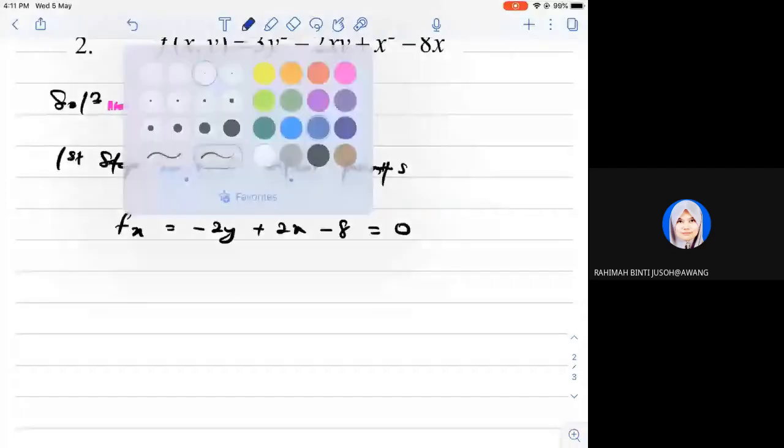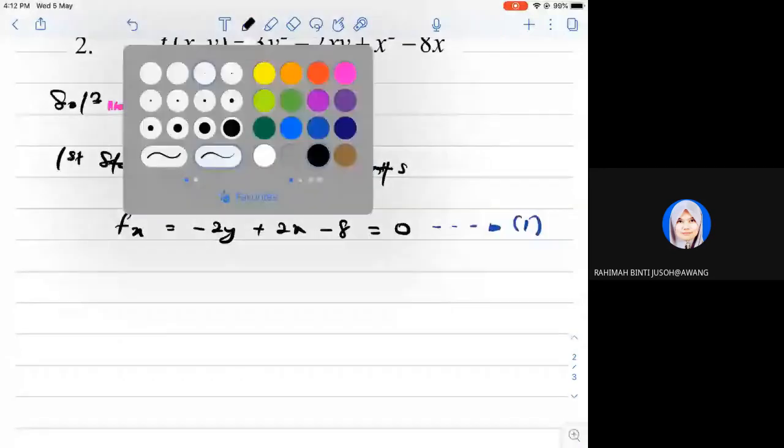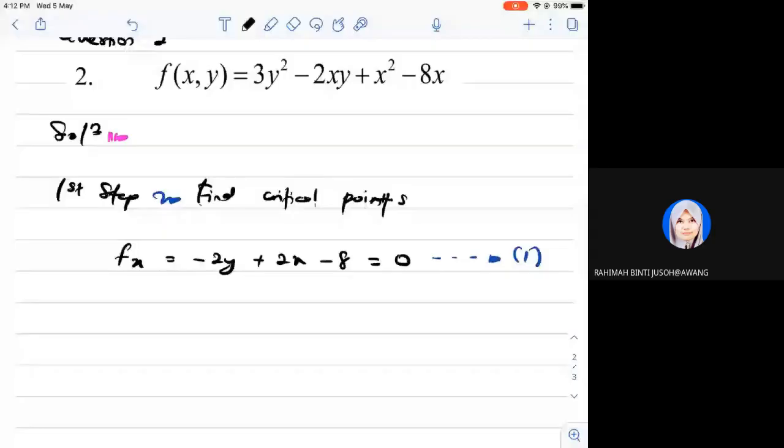Equation number 1. Next, we need to differentiate this function with respect to y, so find fy. 3y squared becomes what? 6y. Good.